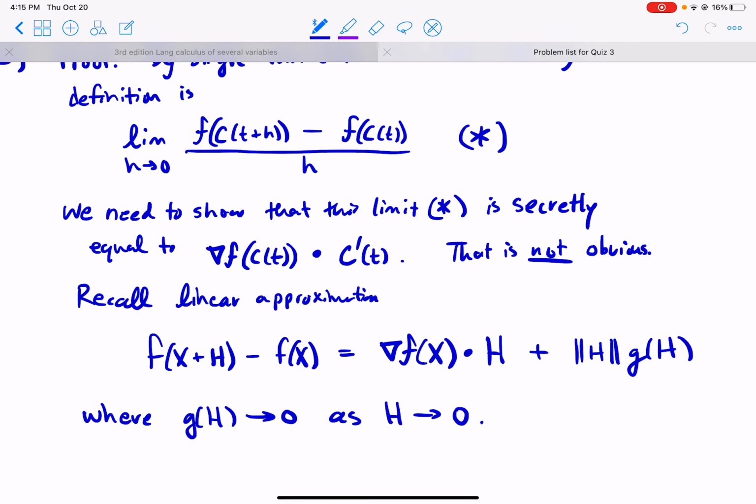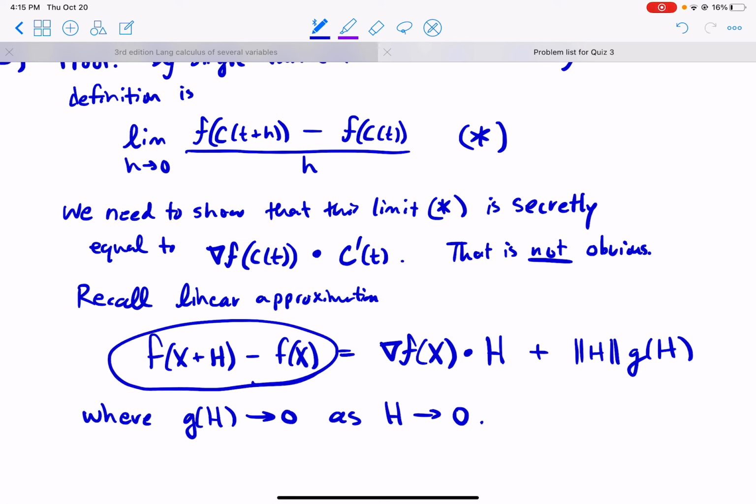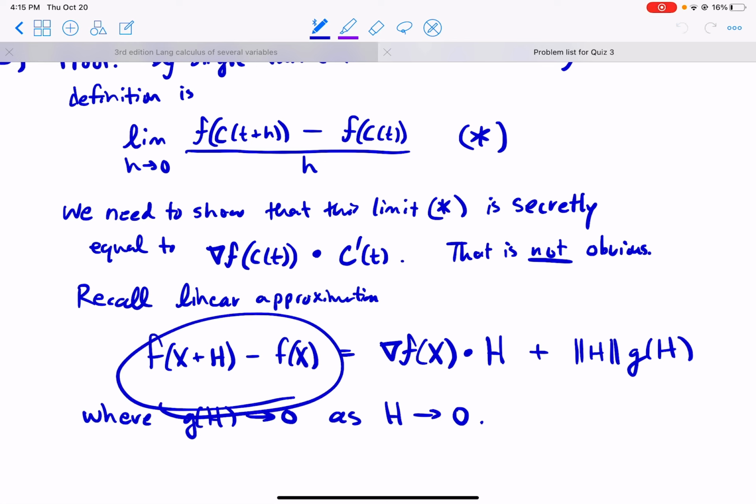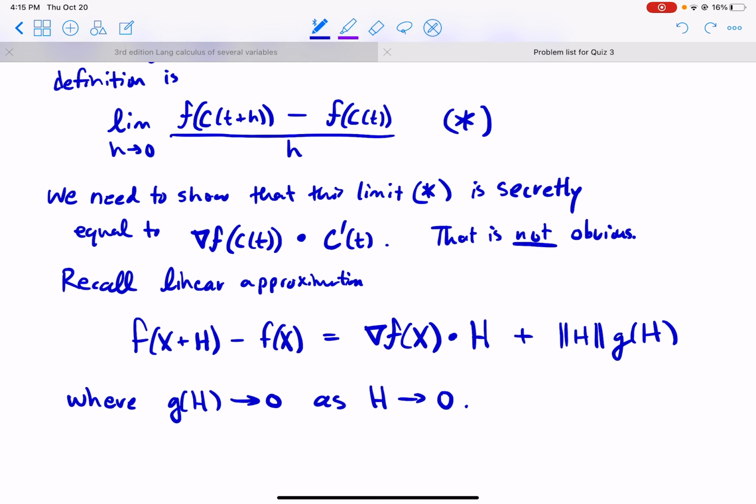So now here's the gradient. This part here looks similar to the numerator there. So maybe we can change something and then divide by h down here, and maybe it'll work out perfectly. And in fact, it will. But the key is this part has f of c of t plus h, and this part has f of x plus capital H. So we let x equal c of t and capital H, the movement vector, be equal to c of t plus h minus c of t.